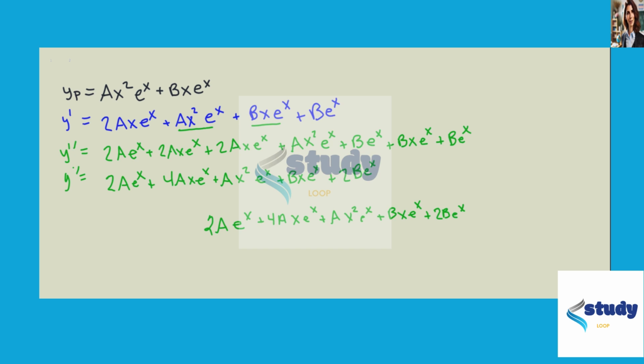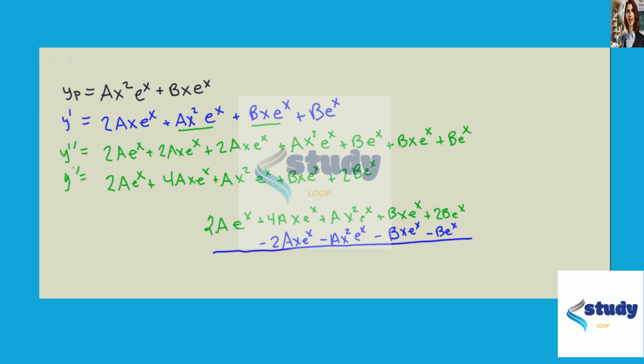So I'm going to minus 2ax e to the x minus 2ax e to the x minus ax squared e to the x minus bx e to the x minus b e to the x, and all of that's going to equal x e to the x.